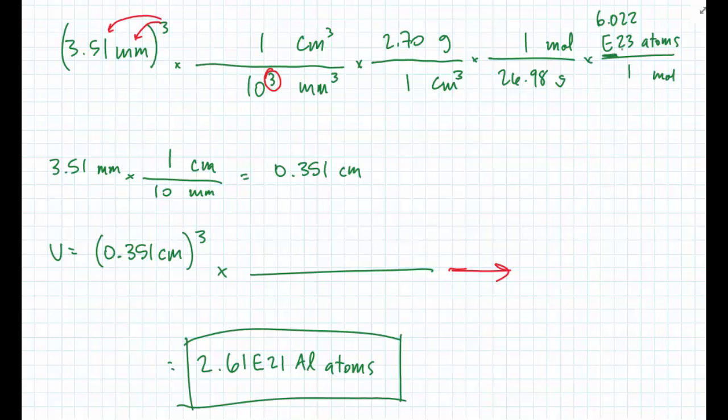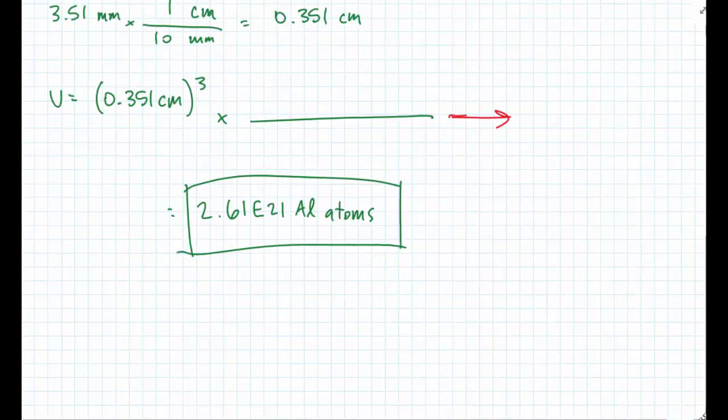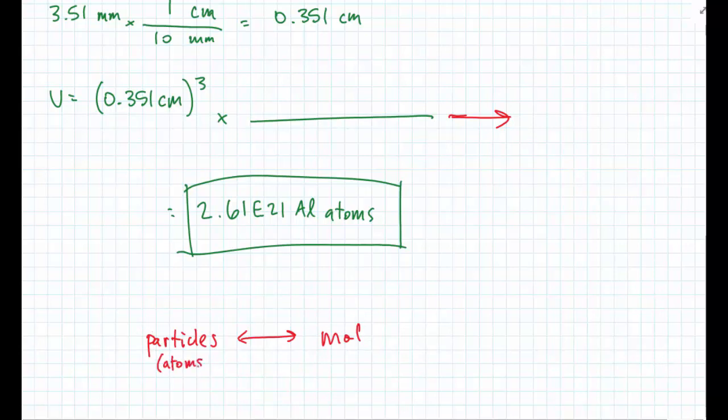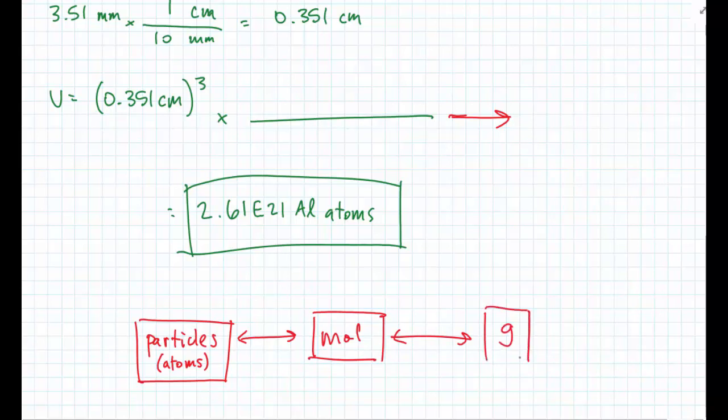So that was just one example of a sort of combination problem. But this kind of roadmap here, where we've got particles to moles here. Atoms are the particles with elements, at least. To grams.